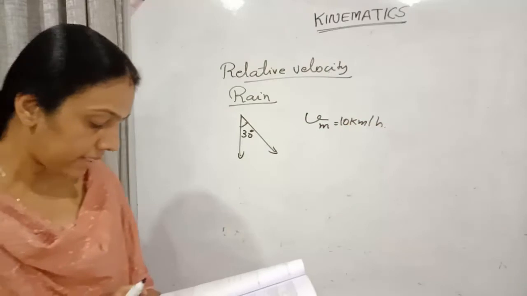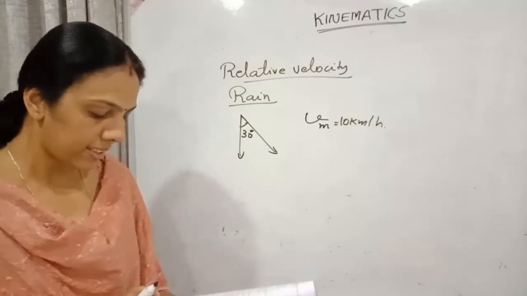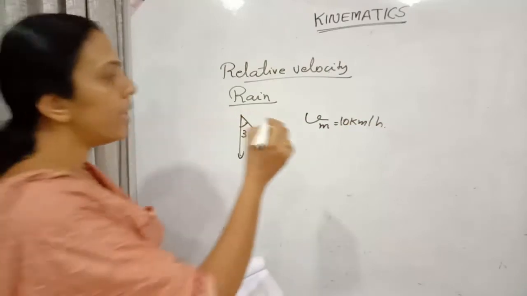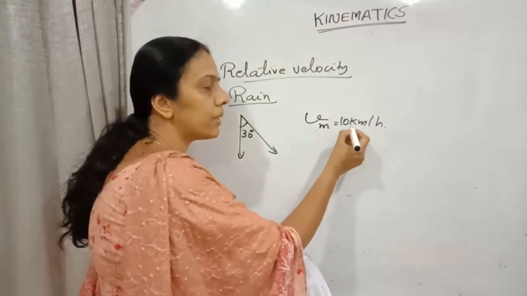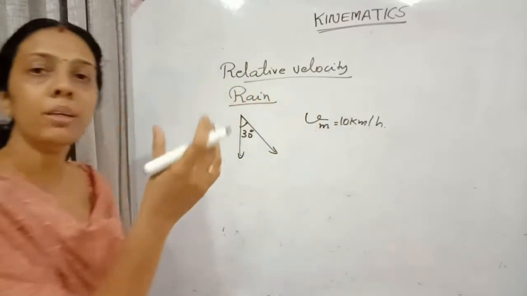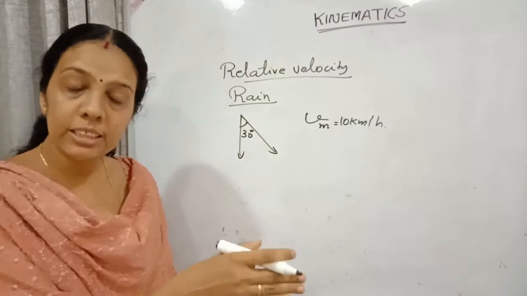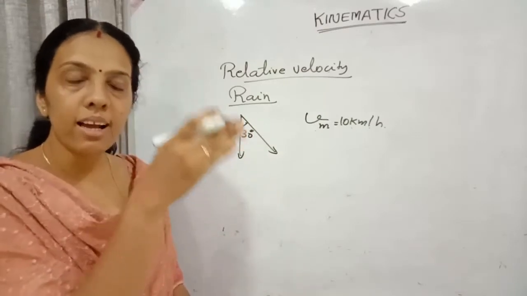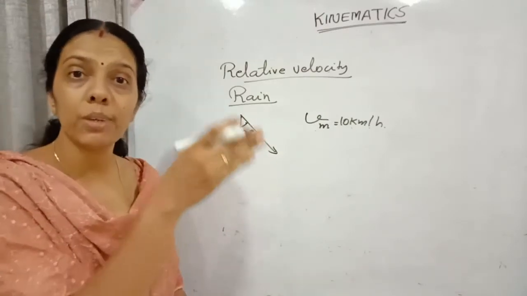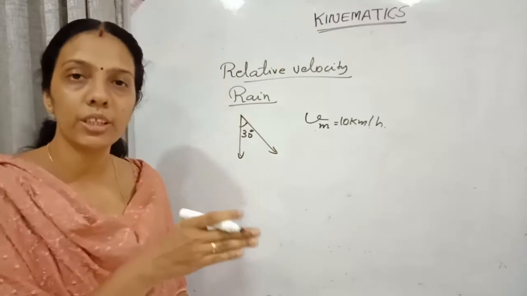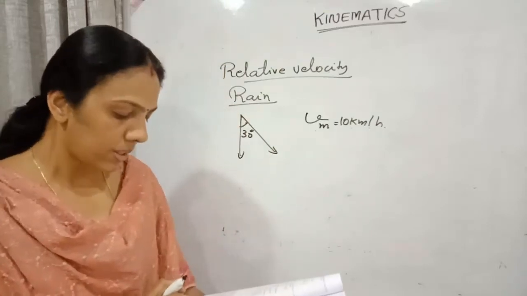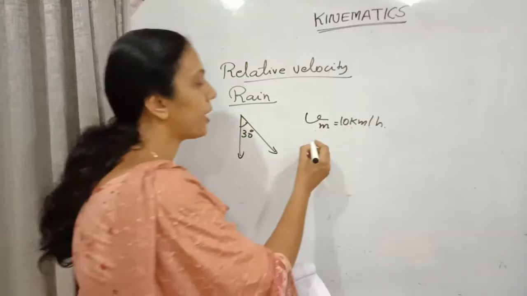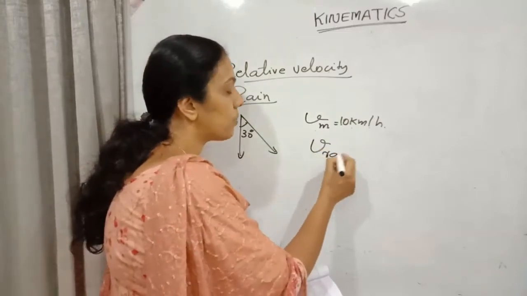Now he finds that the raindrops are hitting his head vertically. When he started moving with a velocity of 10 km per hour, the relative velocity of the rain is just vertically downwards. What is the speed of the rain with respect to the ground?